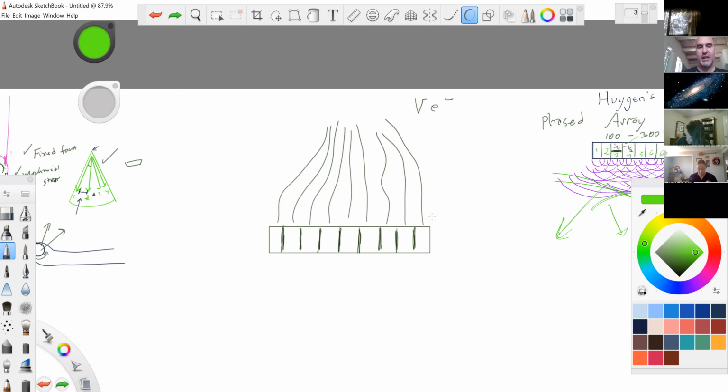It mimics exactly what the beam will do. So if we time it so that the outside is first and the inside is last, and then all the others kind of follow suit, we're going to create a beam with the same structure.